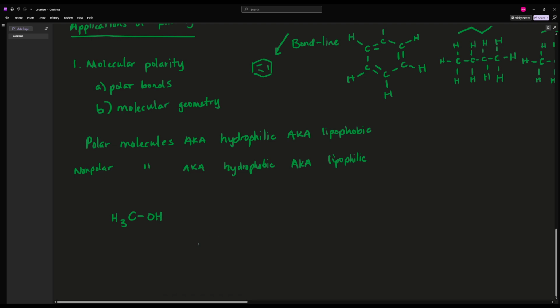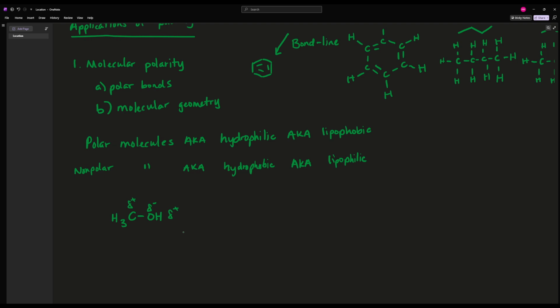Methanol does have this small methyl group, which would be nonpolar. However, this OH group is quite polar, right? If we were to calculate it, it is a significant difference. This oxygen has a delta negative, hydrogen has a delta positive, and carbon has a delta positive. This is a polar molecule.